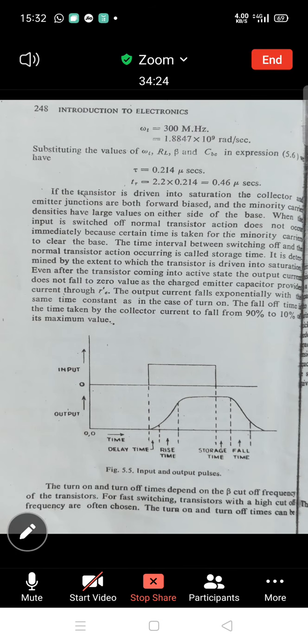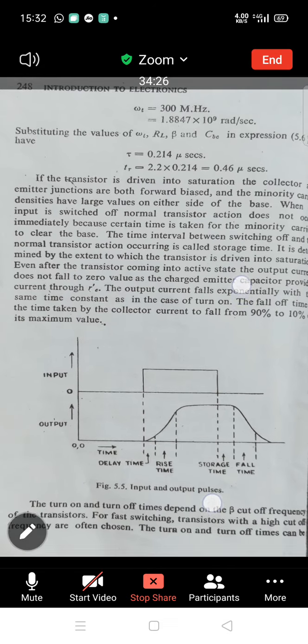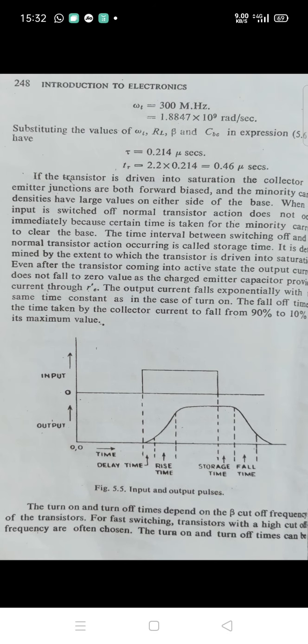The input and output pulses will be shown here. The turn on and turn off times depend on the beta cutoff frequency of the transistor. For fast switching, transistors with a high cutoff frequency are often chosen.